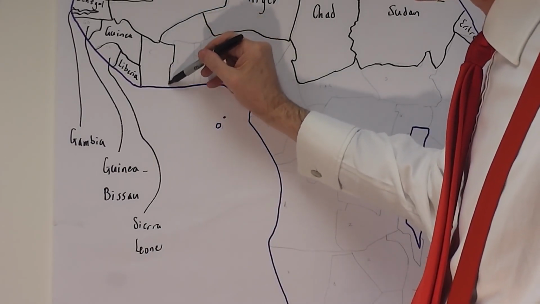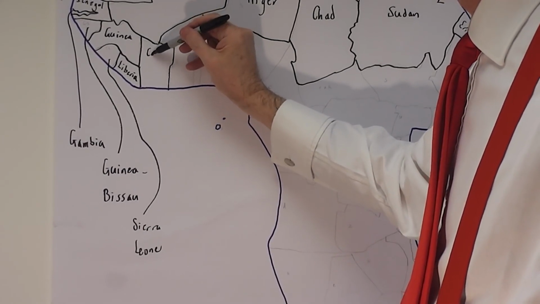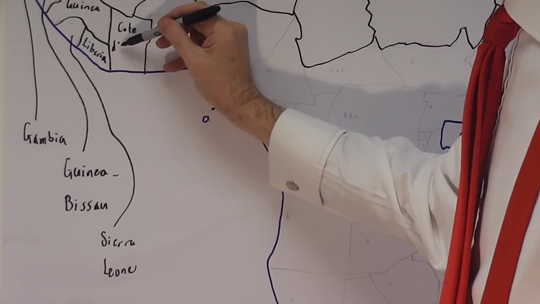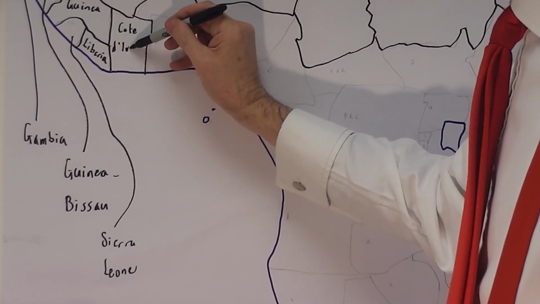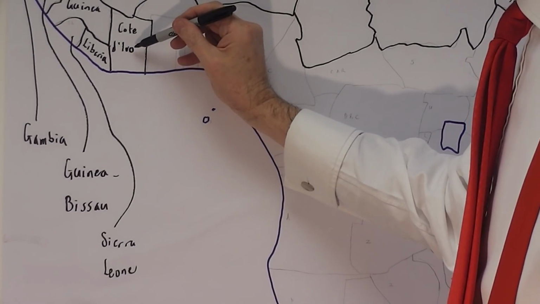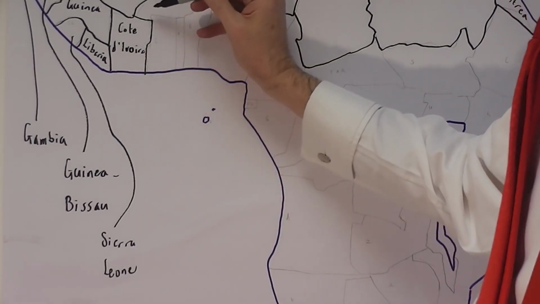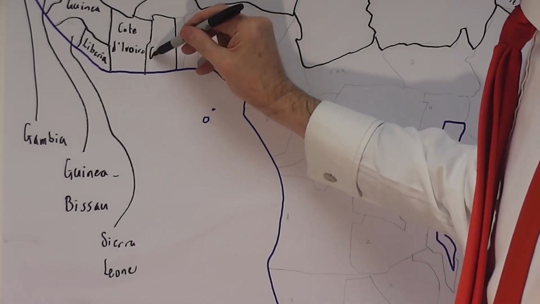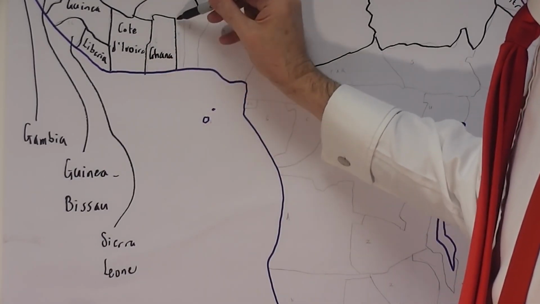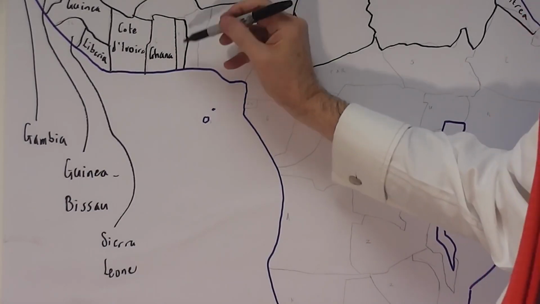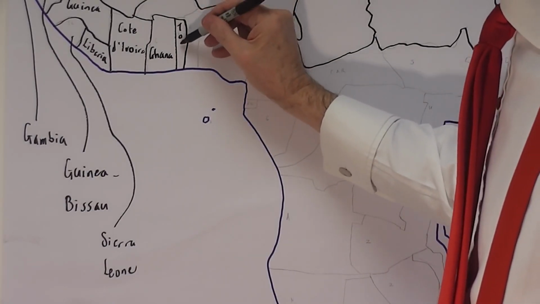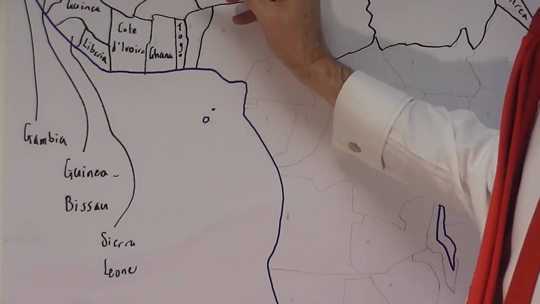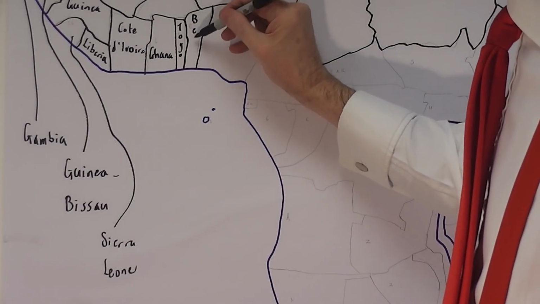Next to Liberia is the Ivory Coast, quite often called the Côte d'Ivoire. The Ivory Coast, or Côte d'Ivoire. Next to the Côte d'Ivoire, Ghana. Next to Ghana, a long thin country called Togo. Next to Togo, another long thin country called Benin. B-E-N-I-N.